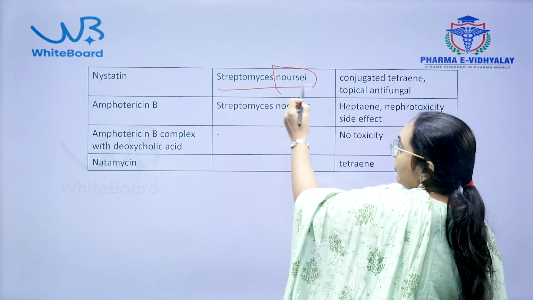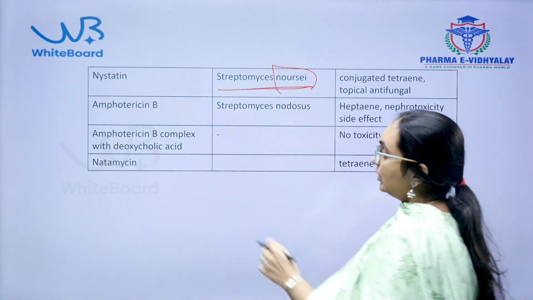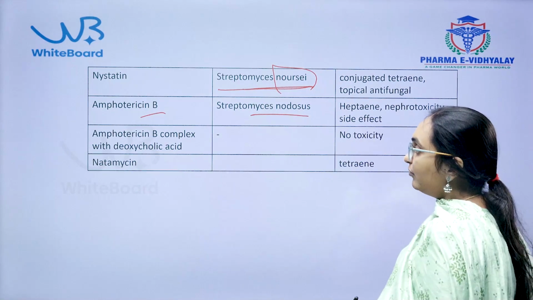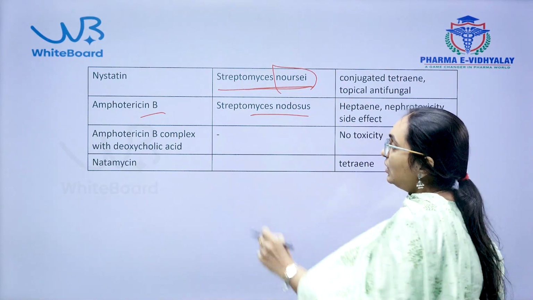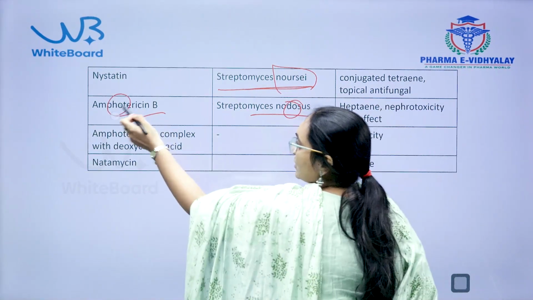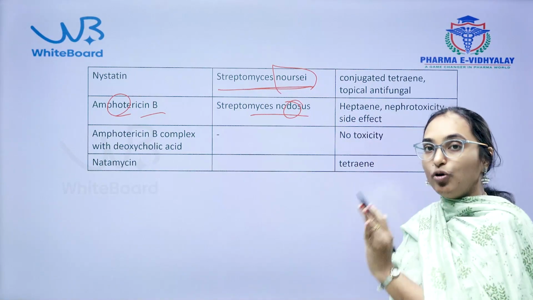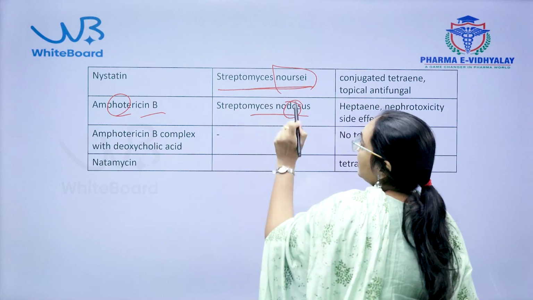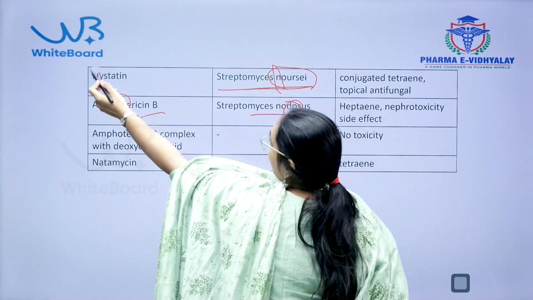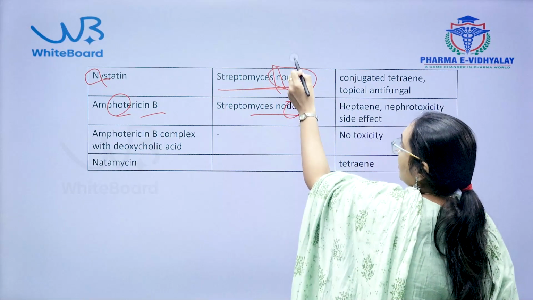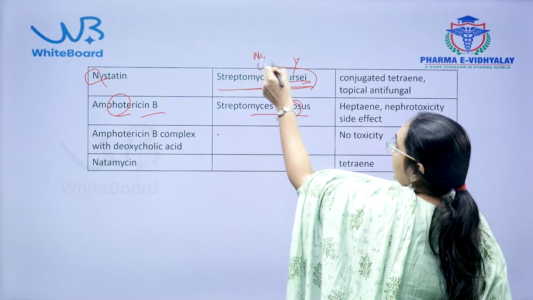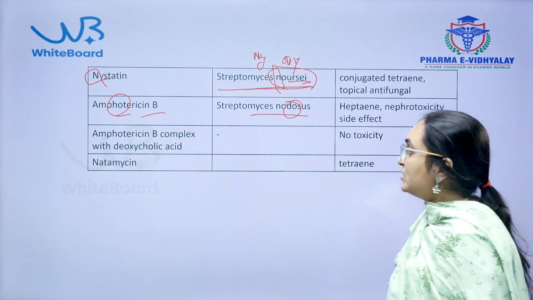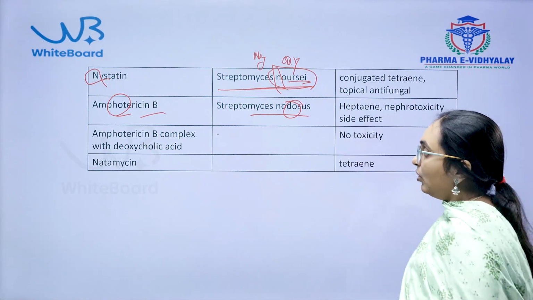Nystatin is from Streptomyces noursei, and amphotericin B is from Streptomyces nodosus. You can remember it like this: the O in ampho and the O in nodosus; and N for nystatin, N for noursei. Streptomyces nodosus, amphotericin B.